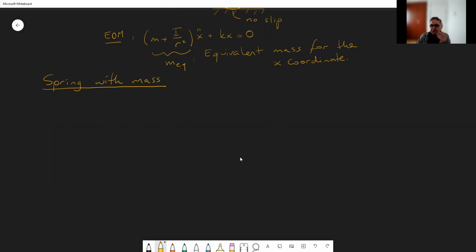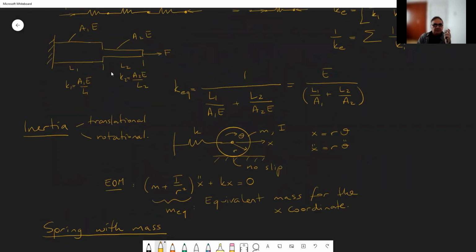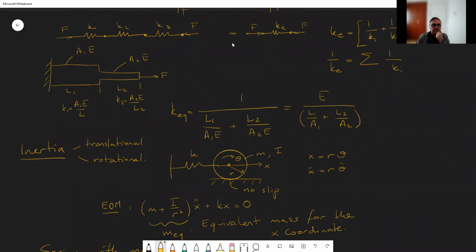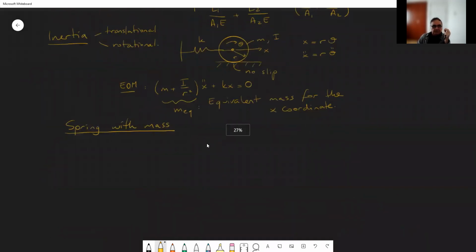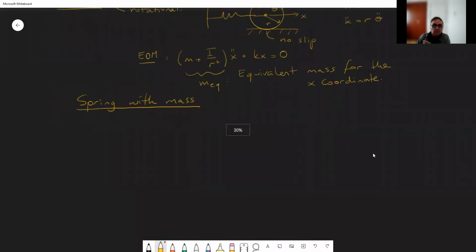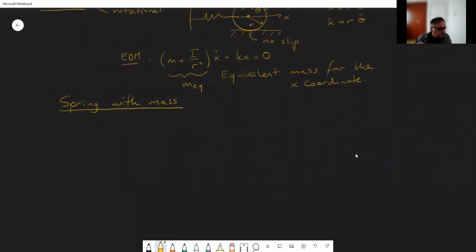Secondly, we assume that springs such as beams have zero mass as their spring equivalent. But we have to put some mass on them in order to find their vibrational characteristics. What happens here? We want to find out what equivalent mass a spring should have.